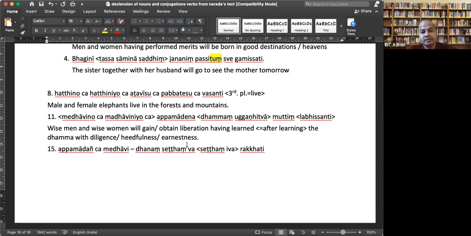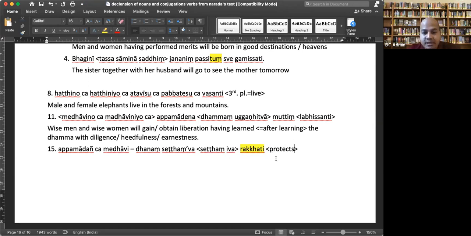So this is the main verb here. First, let us recognize the verb. Rakhati means protects, guards.